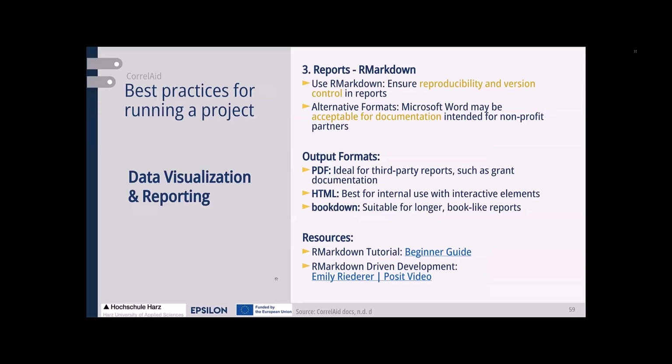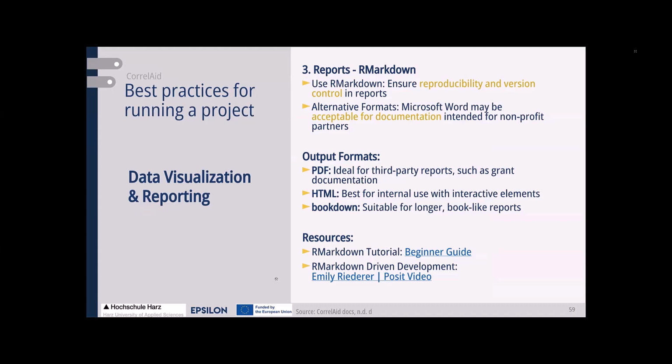So the next remarks refer to R Markdown. In order to use R Markdown, you should ensure reproducibility and version control. If you use R Markdown documents, ensure that all of the volunteers are able to reproduce it.